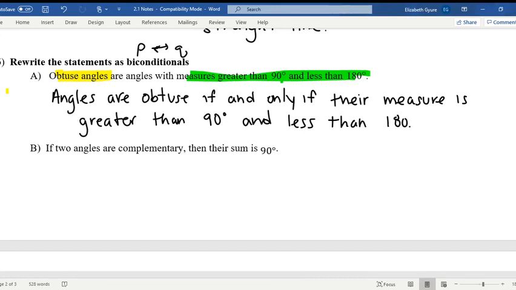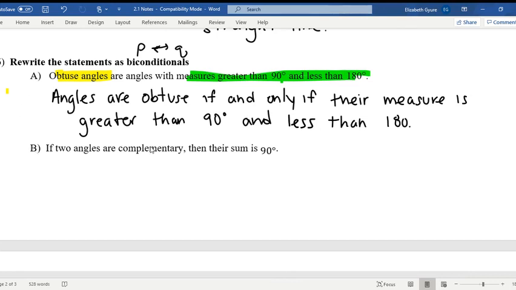Okay. So we have our if and only if in the middle, and that would work. Angles are obtuse, right? Think of it both ways. If they're obtuse, then their measure is greater than 90 and less than 180. Or if you have angles that are greater than 90 but less than 180, they're obtuse. So it works both ways.